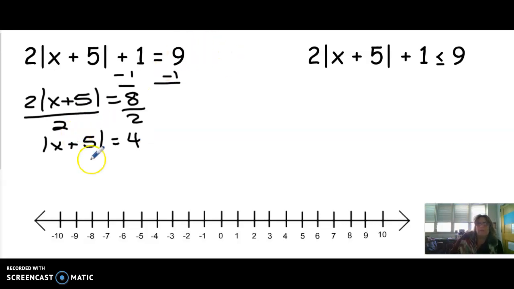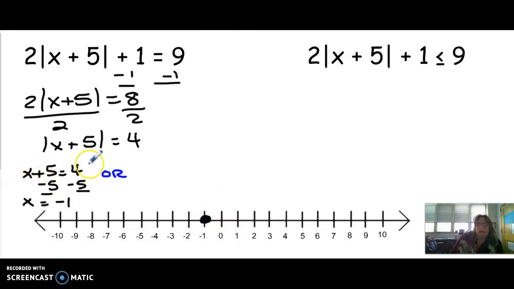So here we have to separate it by putting the word or. The first problem we get by writing exactly what we have in the original problem, just omitting the absolute value signs. We solve that and we get x is equal to -1. So we would have a closed circle because it's equal to.